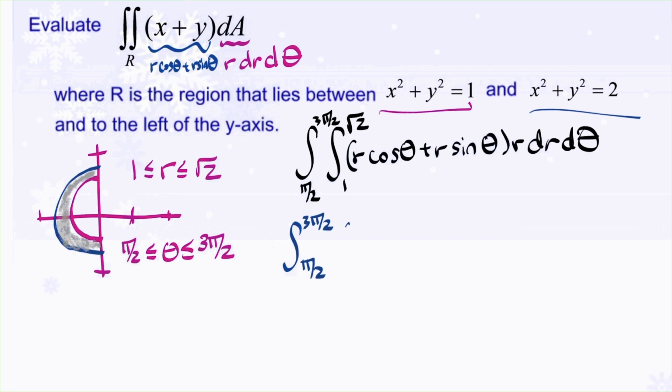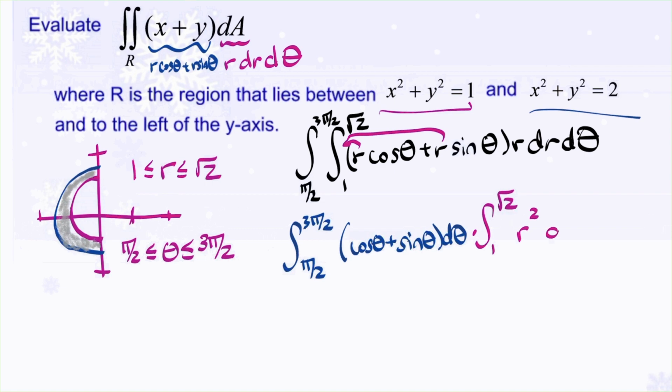The thetas are cosine theta plus sine theta d theta. And then everything having to do with an r, I have the r bounds. And then if I factor an r out of each of these, I have an r on the outside. So I get r squared dr. So again, I could have done this as one double integral. However, I tend to like to separate if I can because it just feels cleaner.